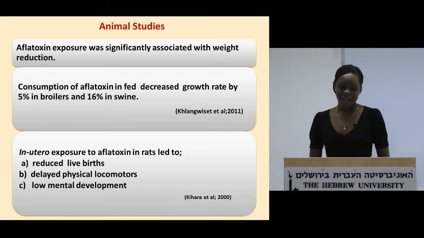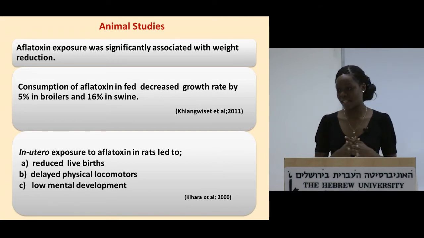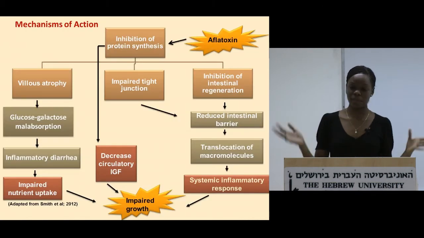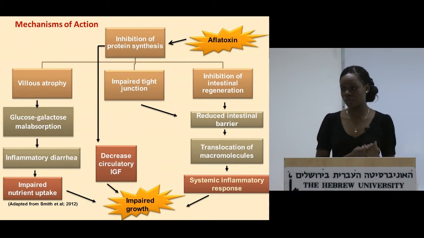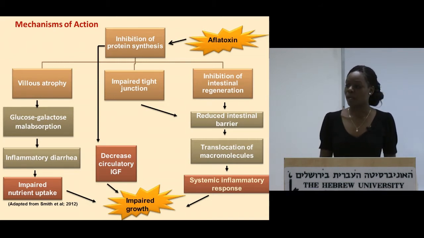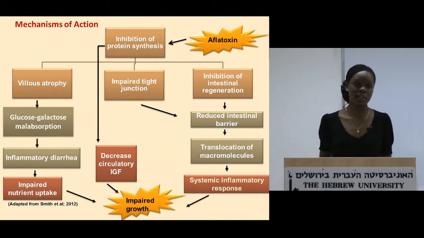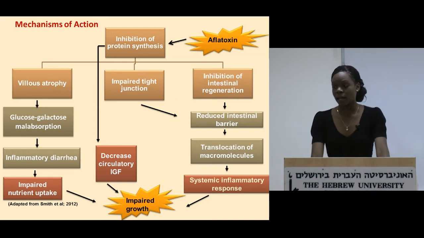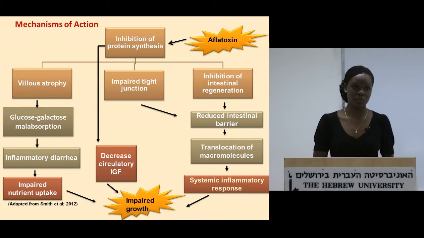So, to link aflatoxin and stunting, this mechanism tries to explain what happens that could possibly lead to growth impairment. When an infant is exposed to aflatoxin, be it in utero, through breast milk, or through diet, the aflatoxin binds to DNA, inhibiting the synthesis of protein.